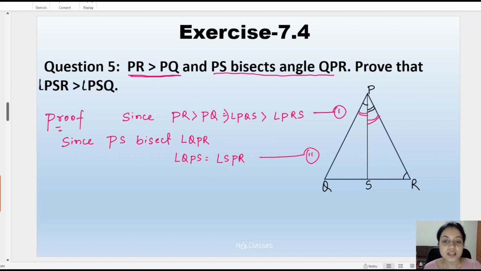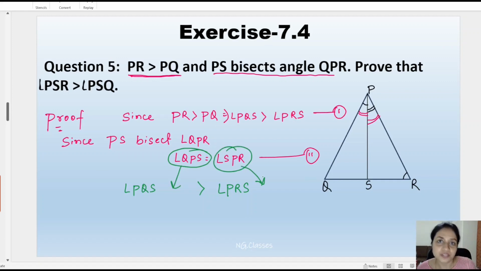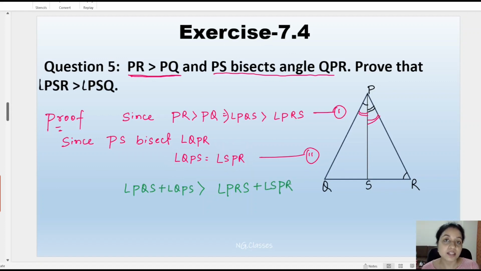Now if we take equation 1, that is PQS is greater than PRS, and now we learned that in an inequality, we are allowed to add the same term on both sides. So let's add this term over here and this term over here, because both are the same, right? Since we are adding the same thing on both sides, the inequality sign will continue as it is. And this is our equation 3.